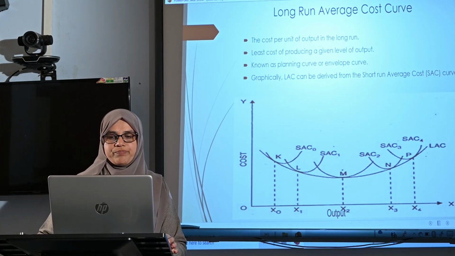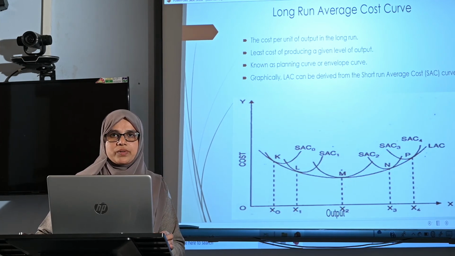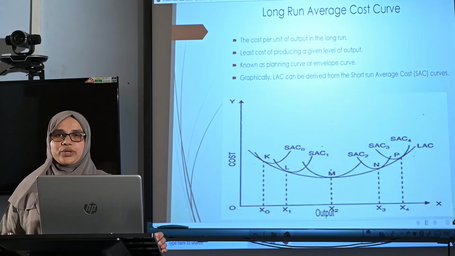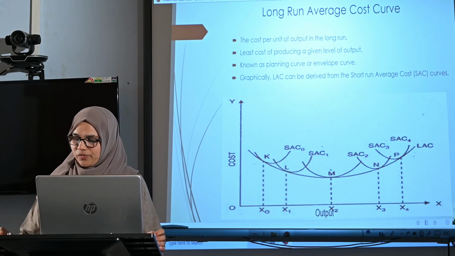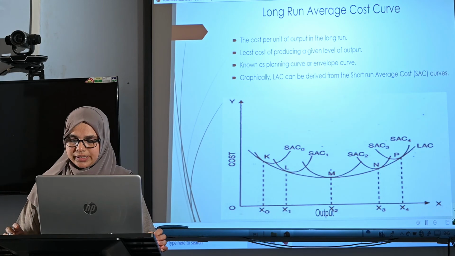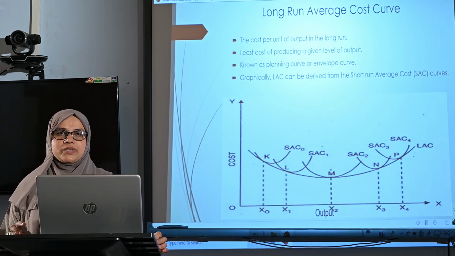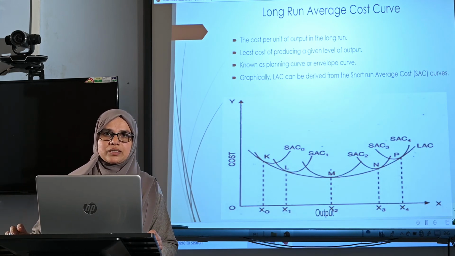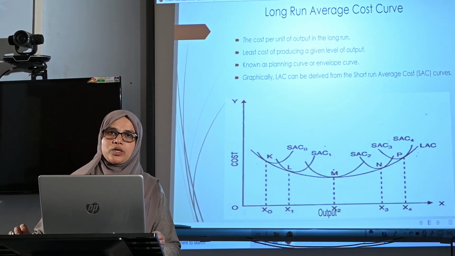The shape of LAC curve is U-shaped, reflecting law of returns to scale. According to law of returns to scale, with the expansion of output on a large scale, per unit cost decreases due to economies of scale. Economies of scale are the advantages or beneficial effects to the firm when the firm is operating on a large scale.